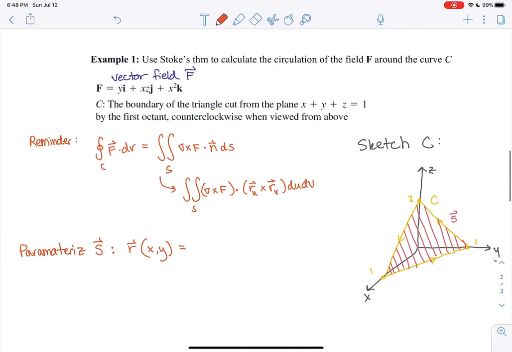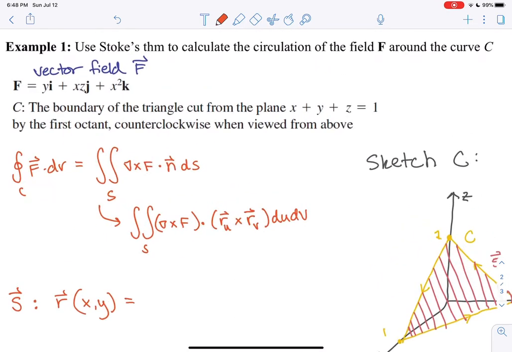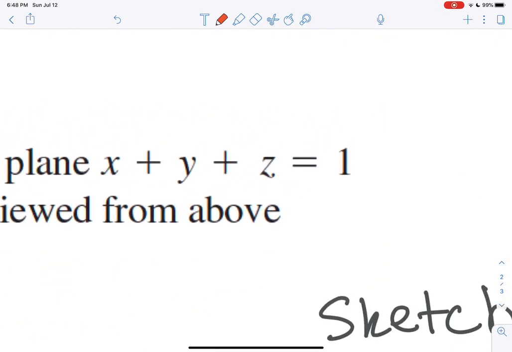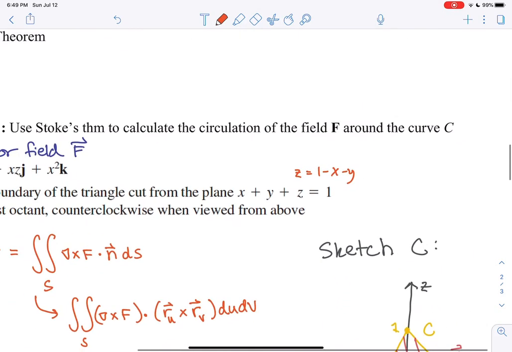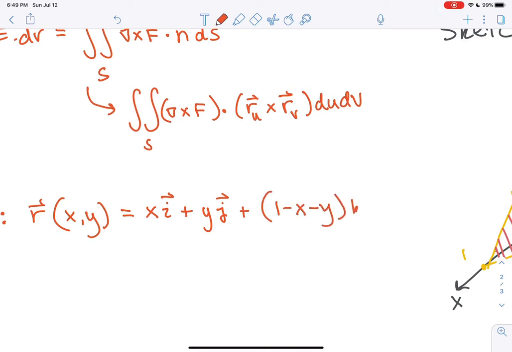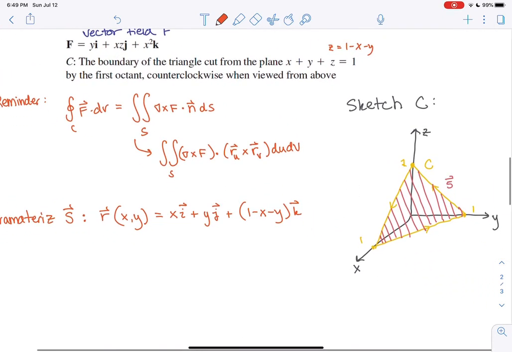Because the surface we're parameterizing is x plus y plus z equals 1, I'm going to make z the dependent variable, and we can rewrite that as z equals 1 minus x minus y, and plug that into our parameterization. So we get x in the i direction and y in the j direction, because those are our parameters, and then plus 1 minus x minus y for the z component. So there's the parameterization of the surface we chose.